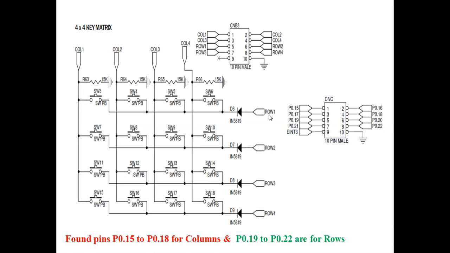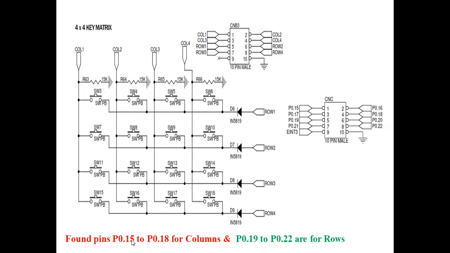Let us identify the pins corresponding to the rows and columns. Columns 1, 2, 3, 4 from connector B are connected to pins 1, 2, 3, 4 of the connector, which in turn are identified as the 15th, 16th, 17th and 18th pins of port 0, connected to column 1, column 2, column 3, column 4 respectively.